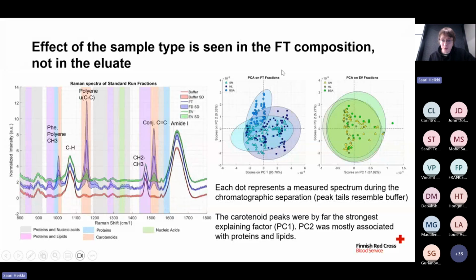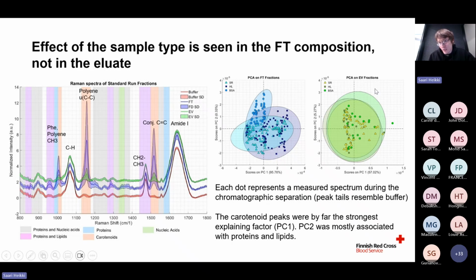So there's some kind of difference in composition, and looking at principal component number 2, which is the separating factor here, we know that this is due to the presence of proteins. Component 1 is mostly carotenoids because those carotenoid peaks are very strong. It's because of some kind of Raman resonance phenomenon that I don't understand, but it makes these peaks very strong and dominate the spectrum. So that's the main component here.